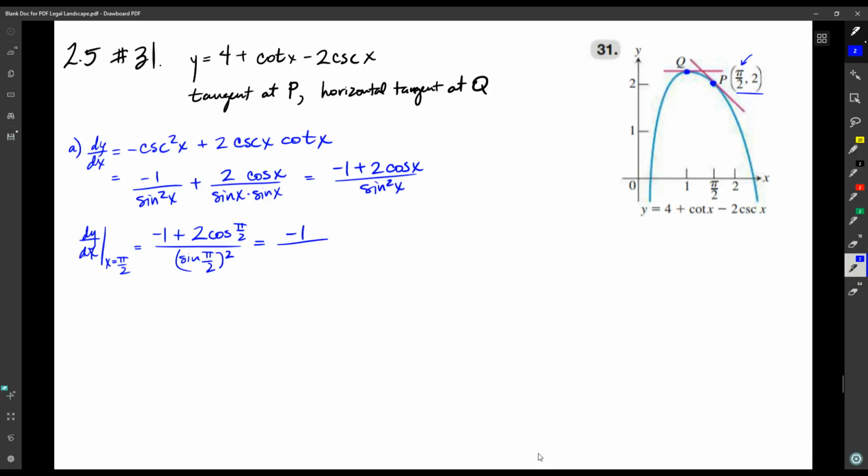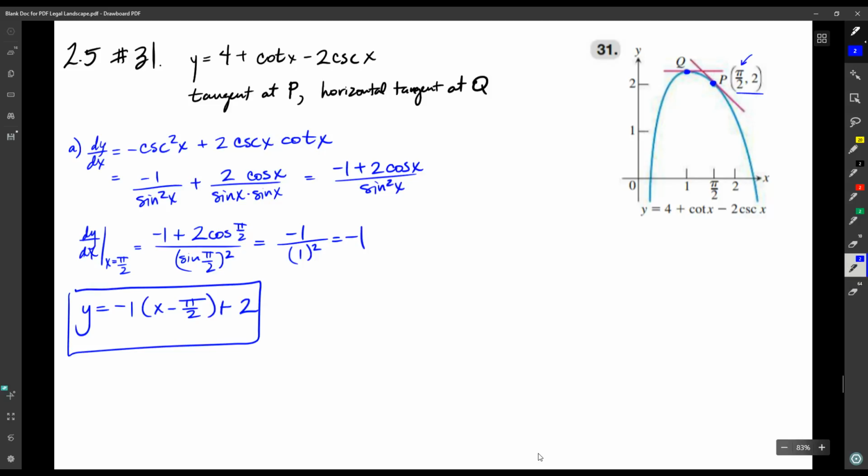The sine of pi over 2 is 1, and if you square that, you get 1, so our slope is negative 1, and we are ready to write the equation of the line. It's going to be y equals the slope negative 1 times x minus the x value of the point, pi over 2, plus 2, the y value of the point. So there we have it, part A. The tangent line at P is this equation.